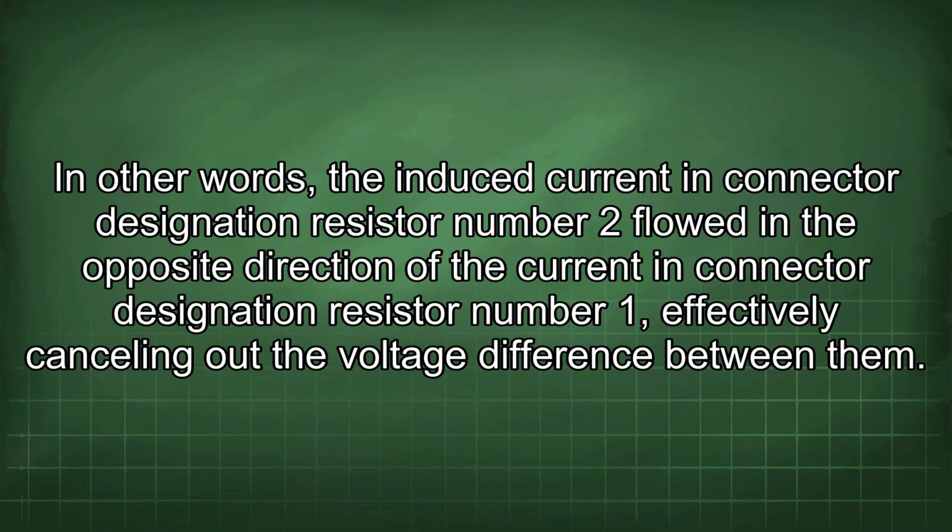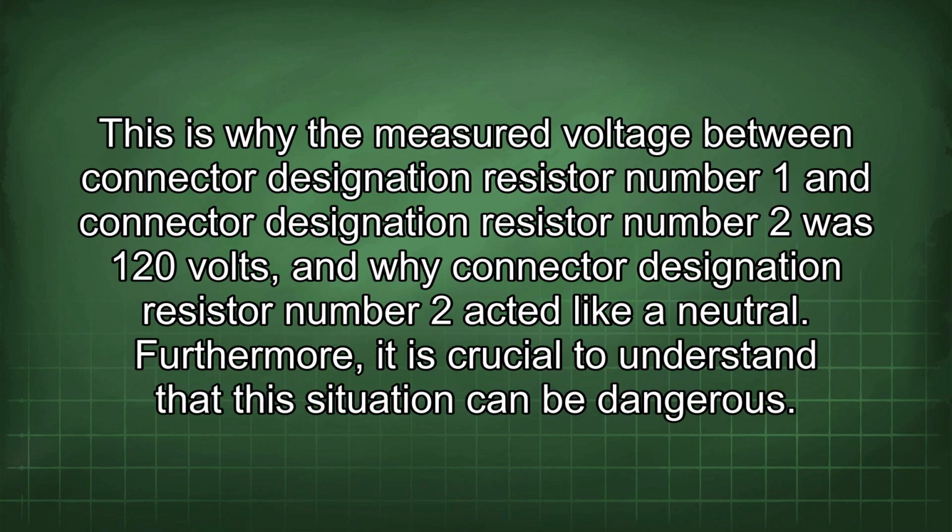In other words, the induced current in connector designation resistor number 2 flowed in the opposite direction of the current in connector designation resistor number 1, effectively cancelling out the voltage difference between them. This is why the measured voltage between connector designation resistor number 1 and connector designation resistor number 2 was 120 volts, and why connector designation resistor number 2 acted like a neutral.